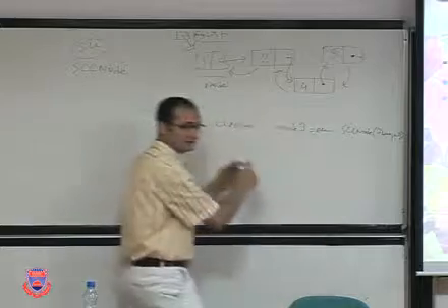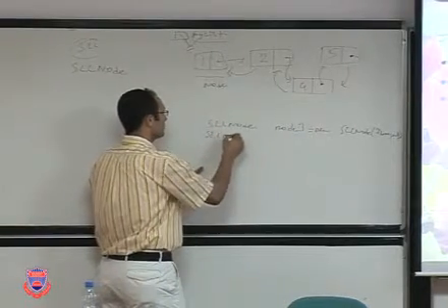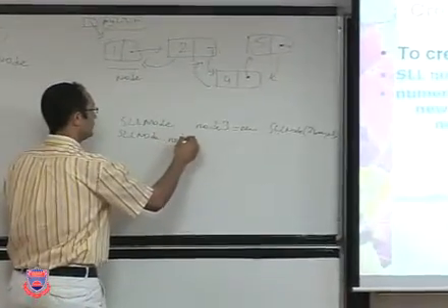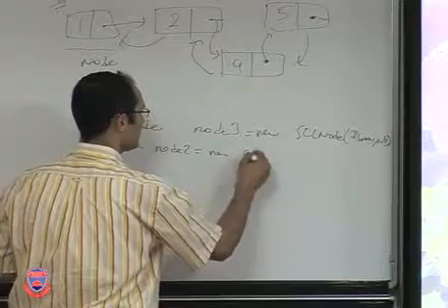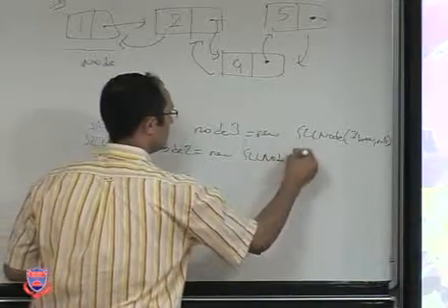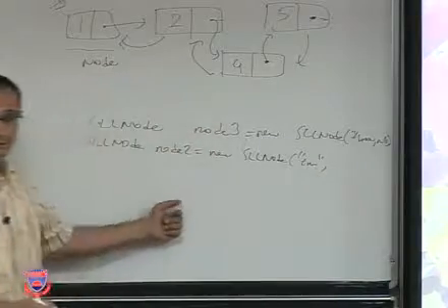So I created the rightmost object, and then I create the second one, SLL node 2 equals new SLL node 2, and then I have what?